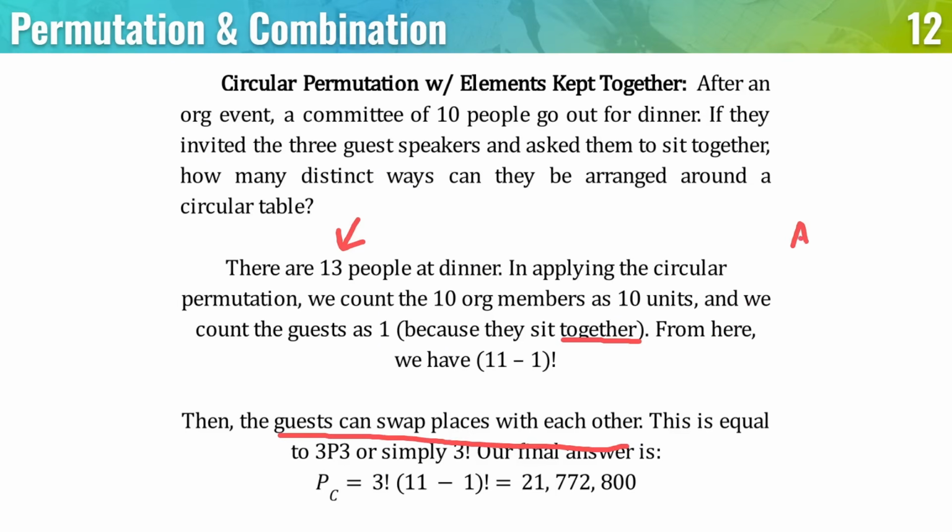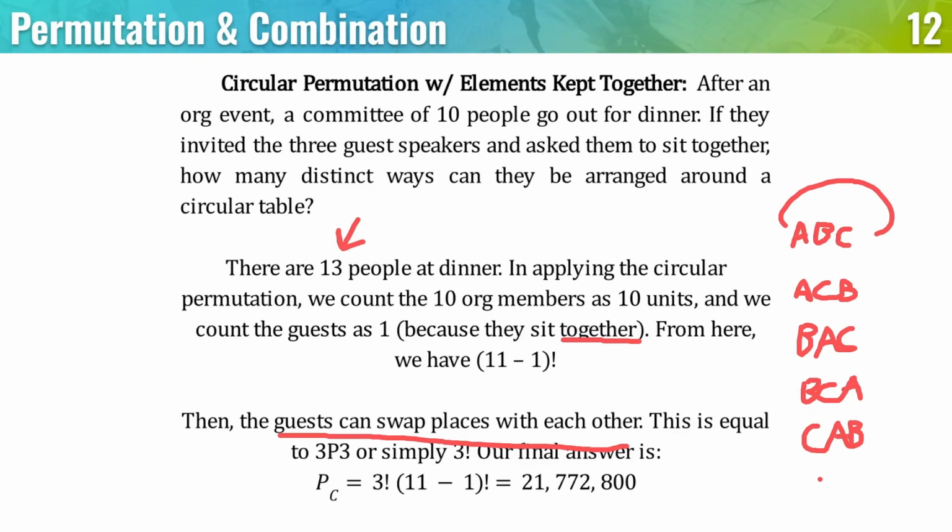For example, guest A, B, C around the circle, A, C, B, B, A, C, B, C, A, C, A, B, and lastly, C, B, A. So again, this is just the normal permutations.